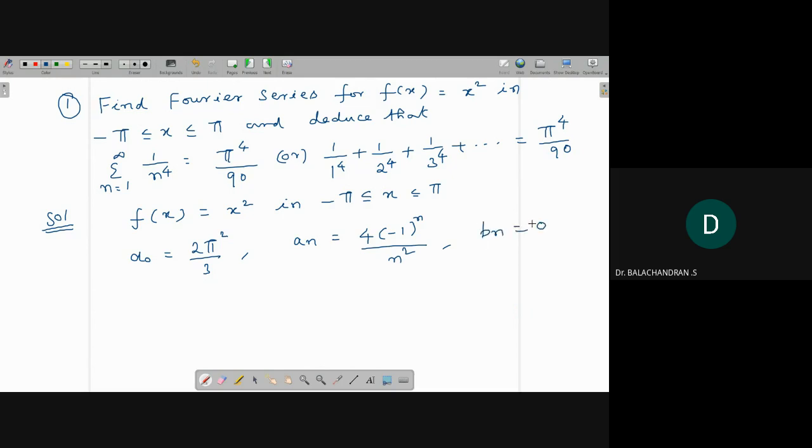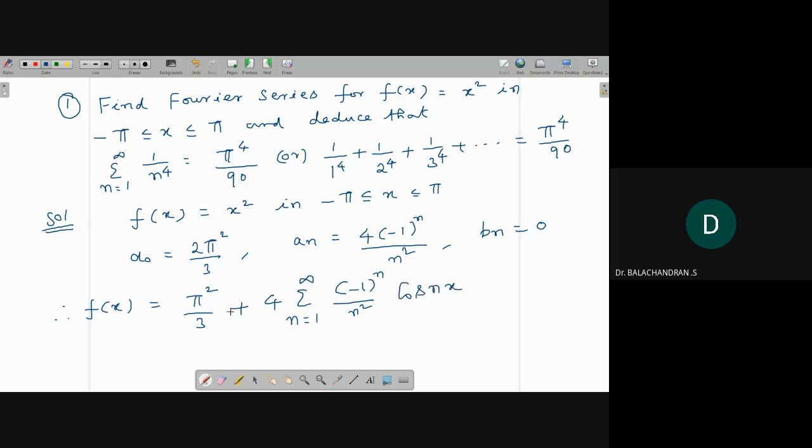Now, what is f of x? f of x is equal to a naught by 2, which is pi square by 3, plus 4 times summation n equal to 1 to infinity minus 1 whole power n divided by n square into cos nx.